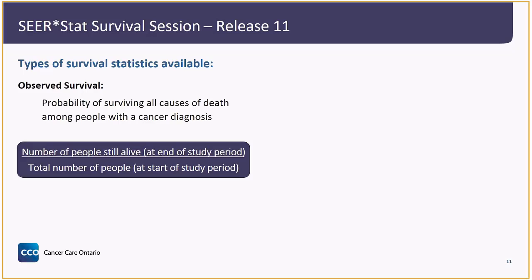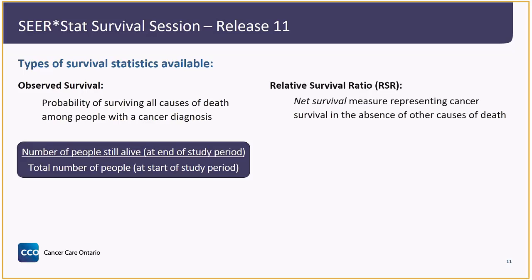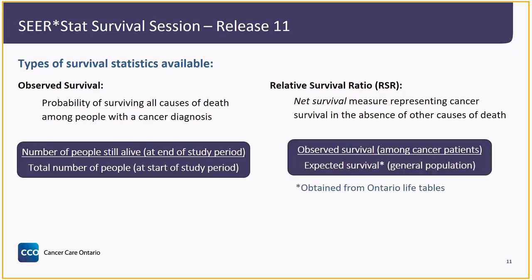More often, what we want to know is the impact of cancer specifically on survival. That is, we want to know the excess mortality that is caused by a cancer diagnosis. This is called net survival, and using Release 11, we can produce a net survival measure called the relative survival ratio, which describes cancer survival in the absence of other causes of death by taking the ratio of observed survival among people with a cancer diagnosis to the expected survival among people matched on age, sex, and calendar year in the general population.